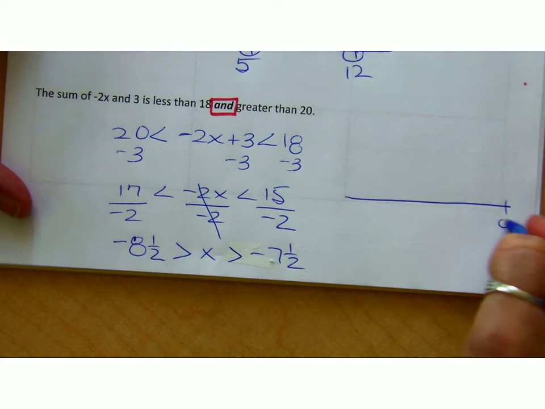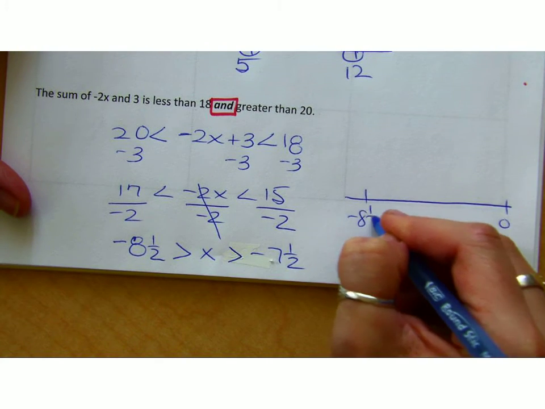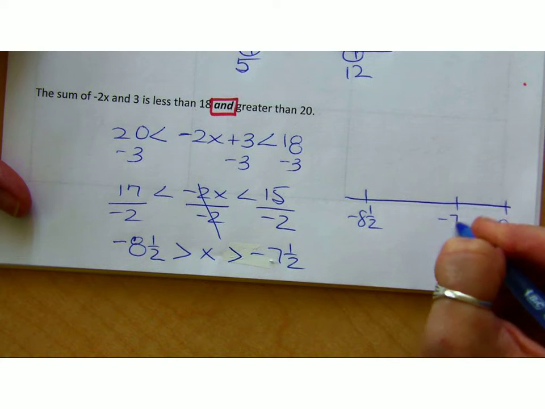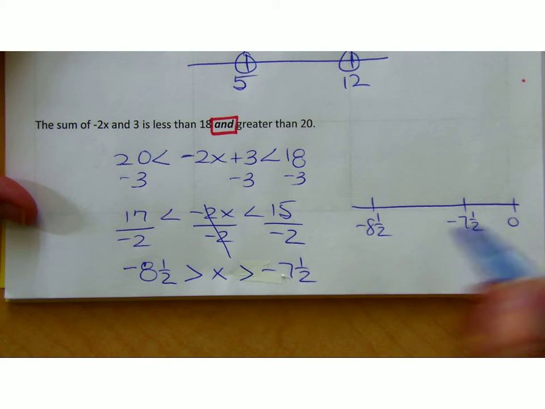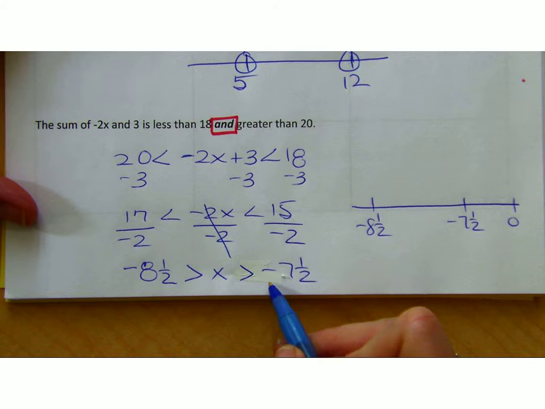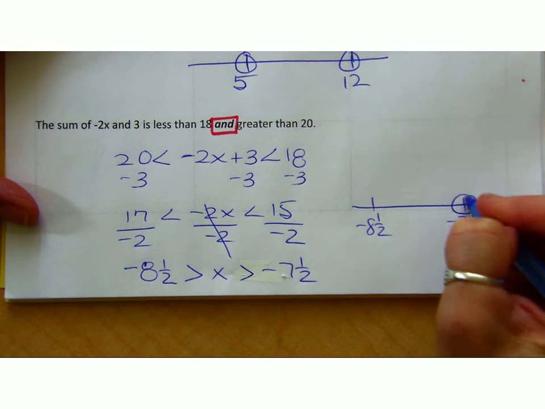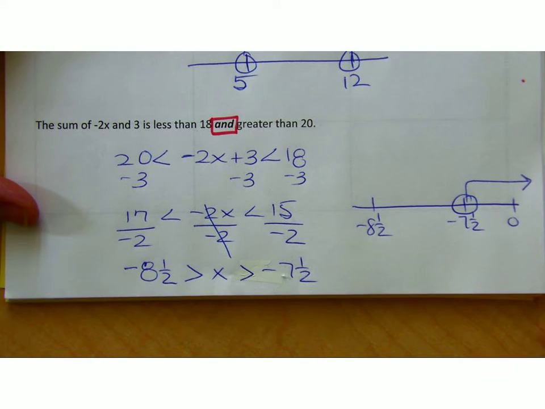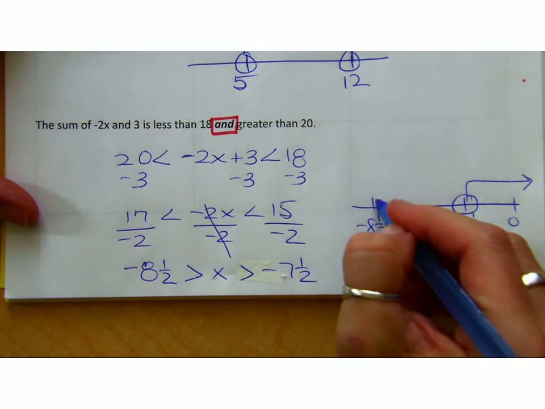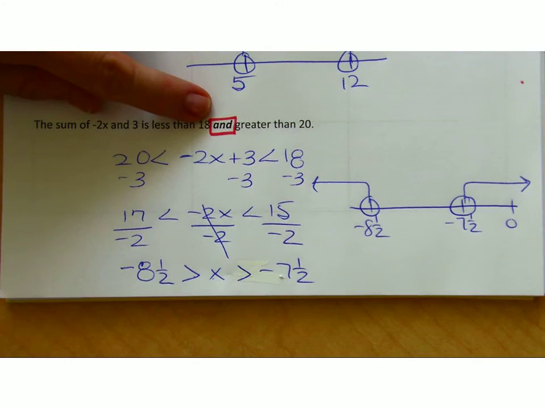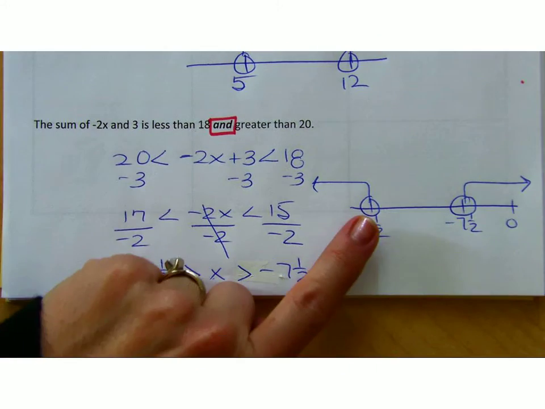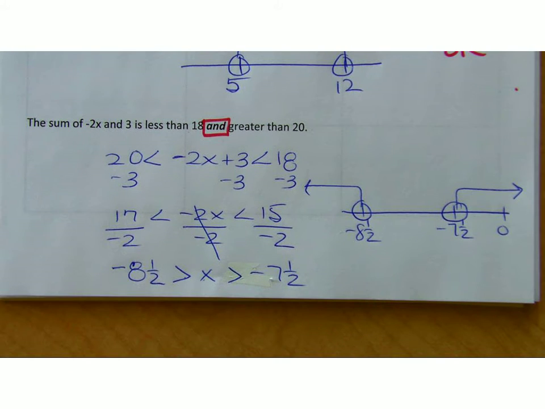Okay, graph it. Here's 0. Here's negative 8.5. Here's negative 7.5. The spacing is not exact, obviously. Now, if I say x is greater than negative 7.5, x is less than negative 8.5, this is not your typical "and," is it? This is what your graph usually looks like when it's an "or," because it's this or that.